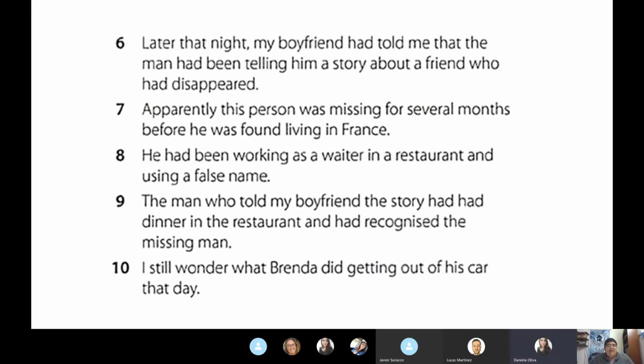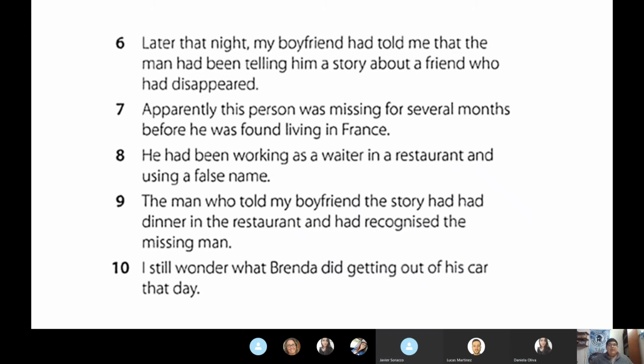No, there's no mistake here because here we have an action that is interrupted by another. So it is past continuous interrupted by past simple. Okay. This is correct. Was missing for some months before he was found in France.